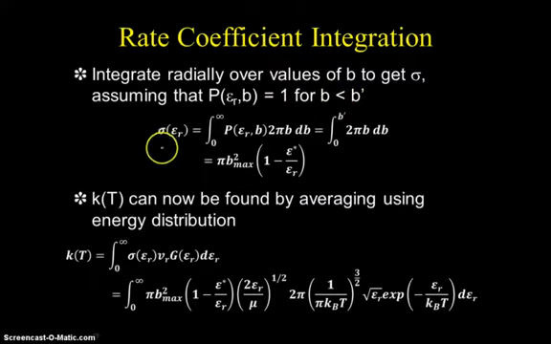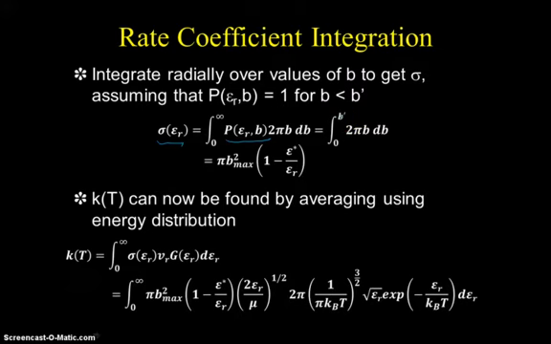So sigma, as a function of the relative energy, is given by the integral of the probability of having energy epsilon r and value of b, times 2 pi b db, because we're integrating over values of b. This probability is equal to 1 as long as b is less than b prime, and it's equal to 0 if b is greater than b prime. So this probability just gets incorporated by integrating, instead of from 0 to infinity, from 0 to b prime.